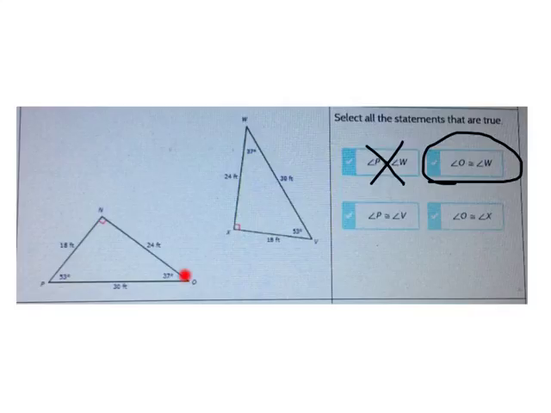I can see that if I rotated triangle NOP to be triangle XWV, O and W correspond. They're the same. Is angle P congruent to angle V? Yes. Is angle O congruent to angle X? It is not. They do not correspond. They are not in the same position.